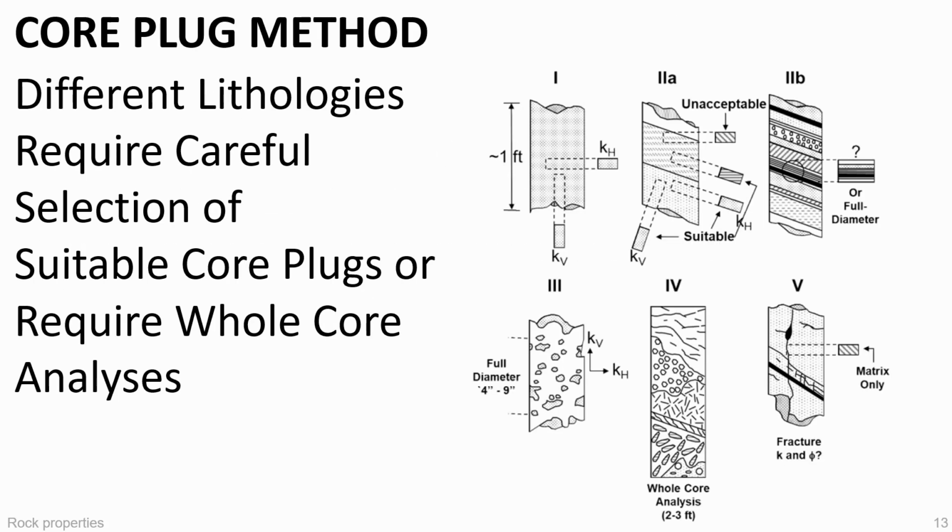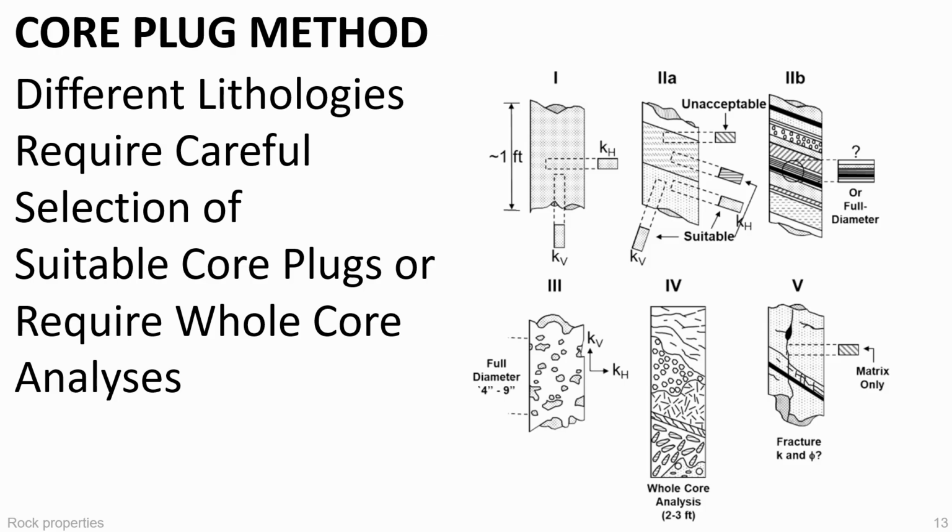This slide reminds that different lithologies require careful plug selection. For heterogeneous rocks, whole core may be needed. Teach the student habit: never trust a permeability value without asking, was the sample representative? Was it damaged?